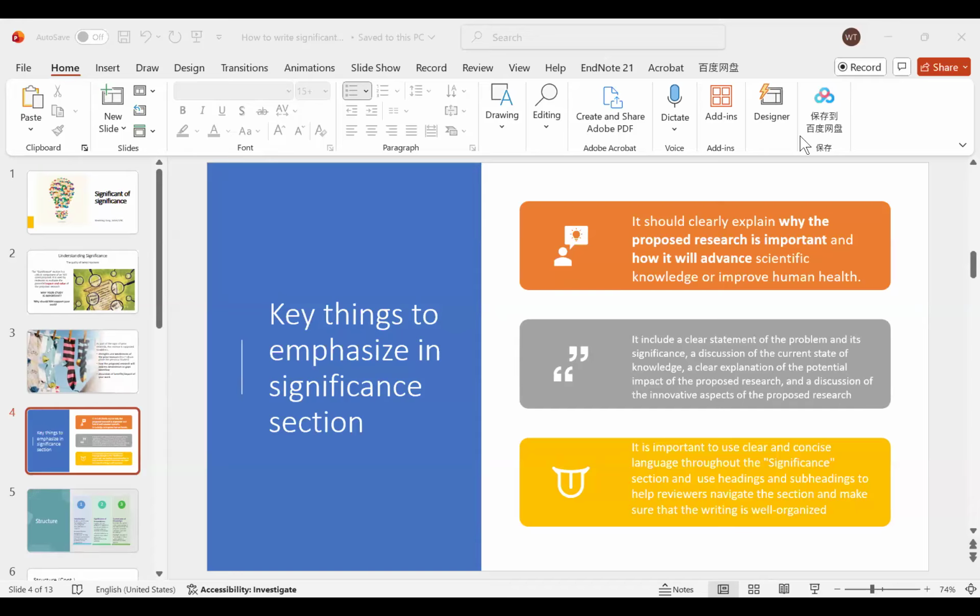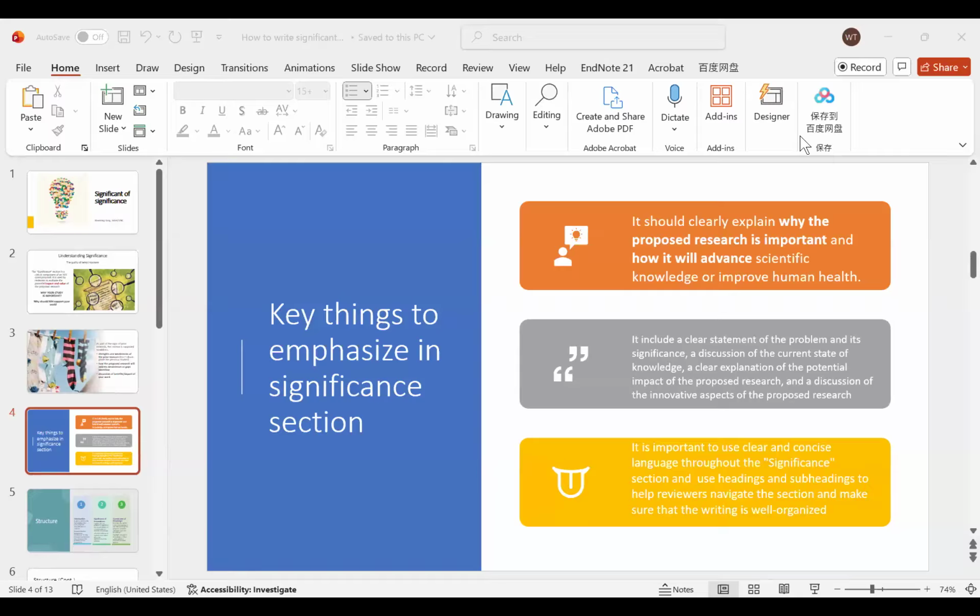The next question is whether this differs by different grant types. Typically, no. For any NIH grant, we want to do similar things for the significance section.